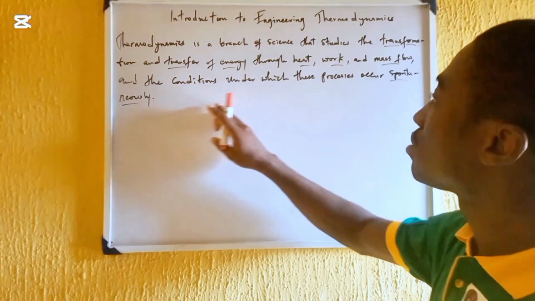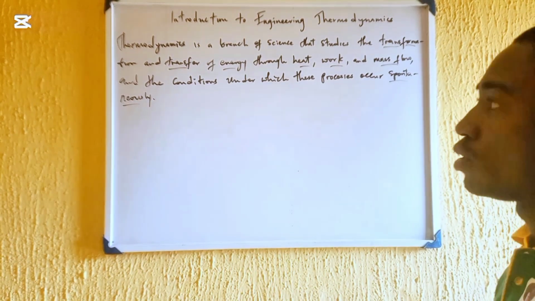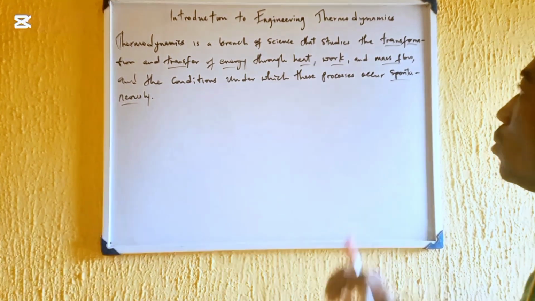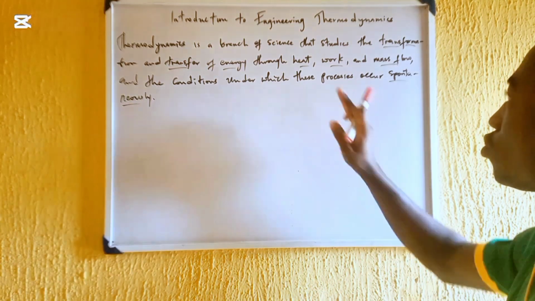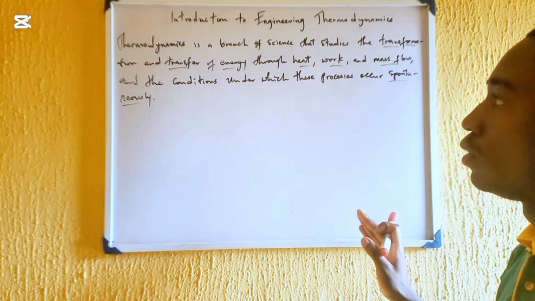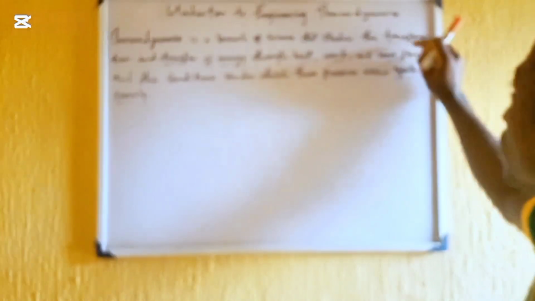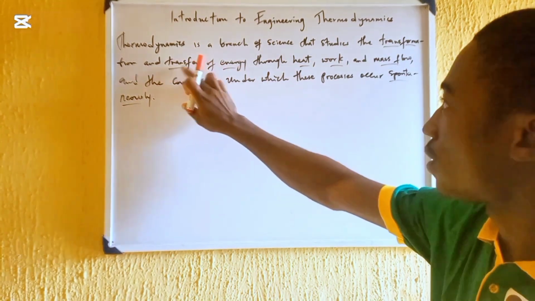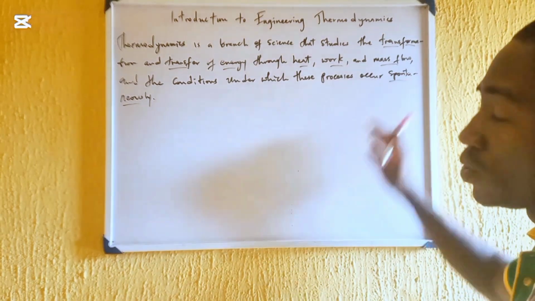And the conditions under which these processes occur spontaneously. So that's another aspect of what? Thermodynamics. Energy transfer or transformation through heat, through work, through mass flow, and the conditions under which the processes occur spontaneously. Take note of the keywords: transformation, transfer, energy, heat, work, mass flow, then spontaneously.